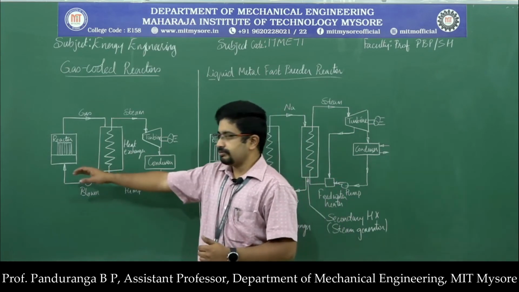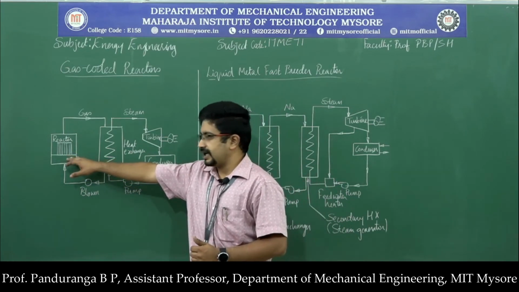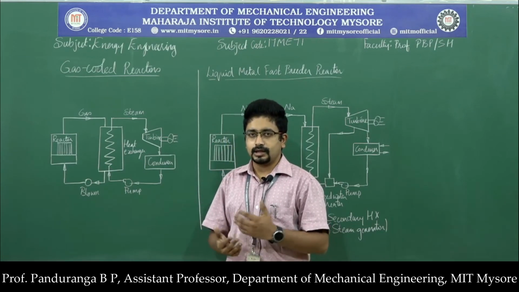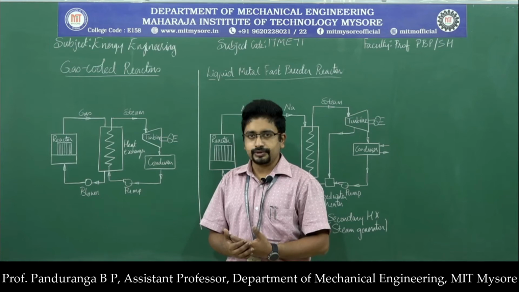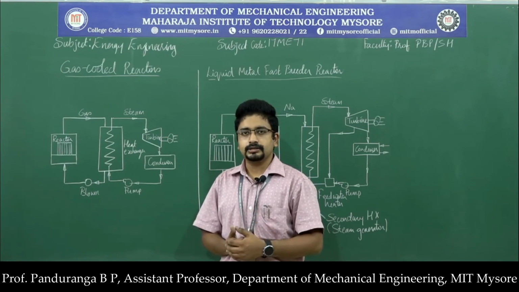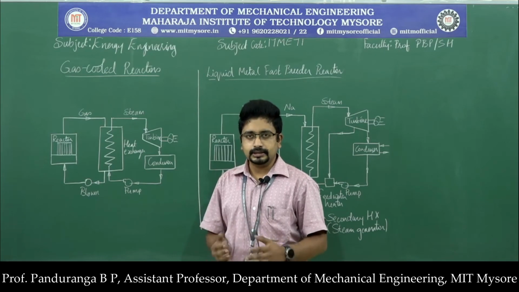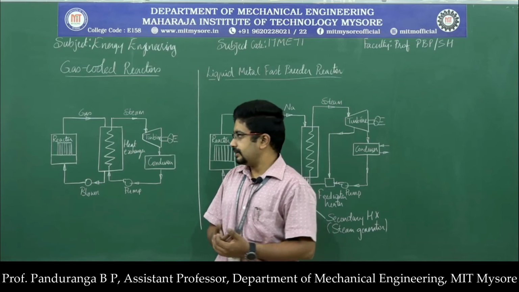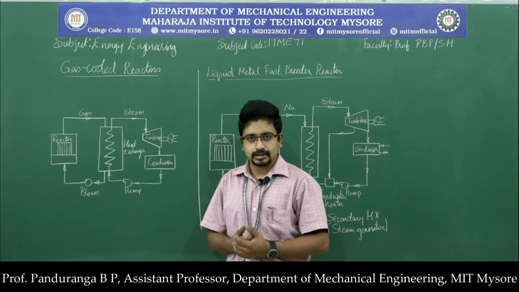So here the major parts are, we have the reactor. Inside the reactor we will have the control rod, the nuclear fuel, and then the moderator, and then we will have the reflector, and all these things will be inside the pressure vessel, and then we have the containment structure.